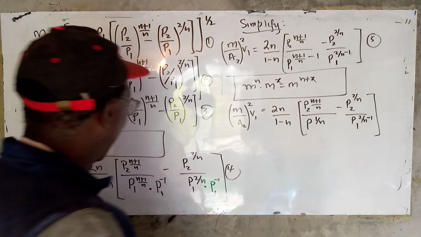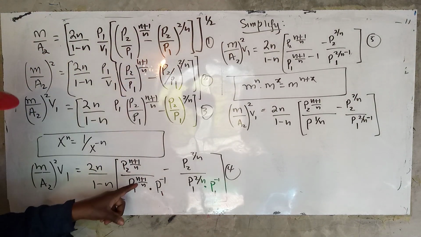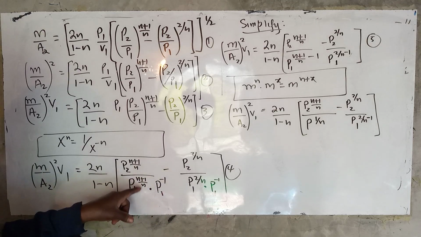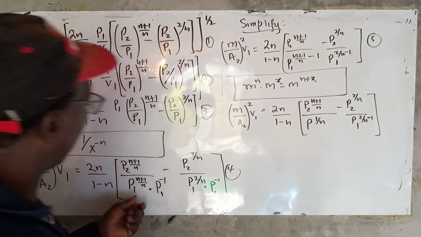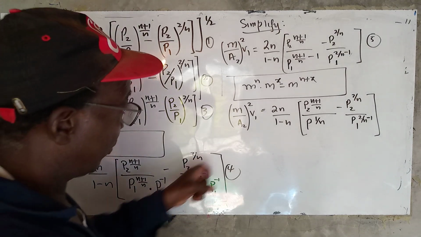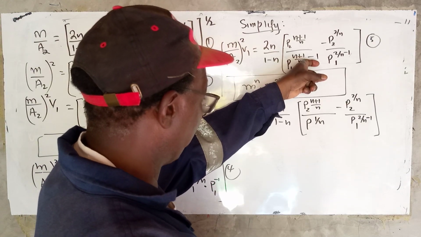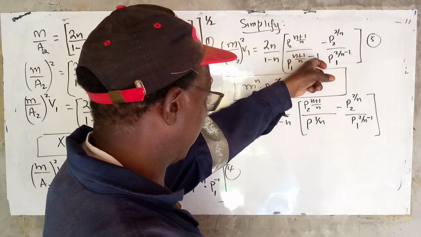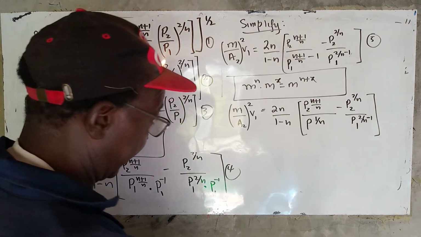So let's just make sure we've gotten everything right. For our n plus 1 exponent, that is n plus 1 minus 1, which is what we have here. And if you open up that quantity there, the LCM, of course, will be n plus 1 minus n, and that will be 1 over n.